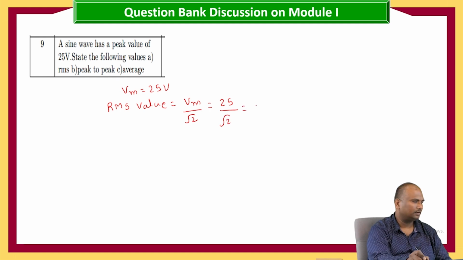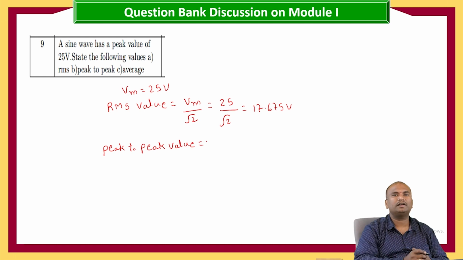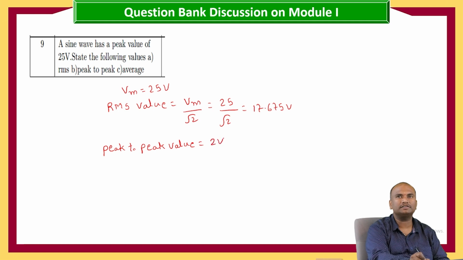that is 17.675 volts. And peak to peak value is, from positive peak to negative peak, 2 Vm, that is 2 into 25, which is equal to 50 volts.